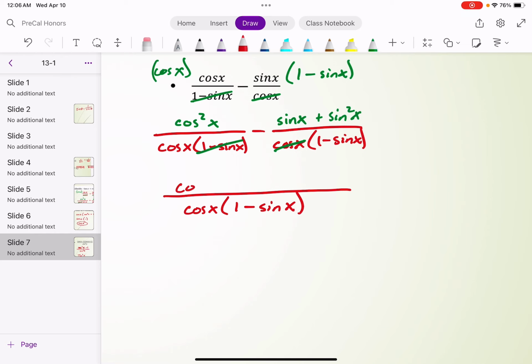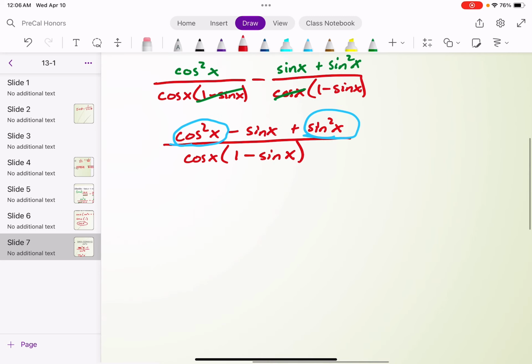So we have cosine squared x minus sine x plus sine squared x. Now, with cosine squared x and sine squared x, when we combine those two terms, we end up with an equivalent value of 1.